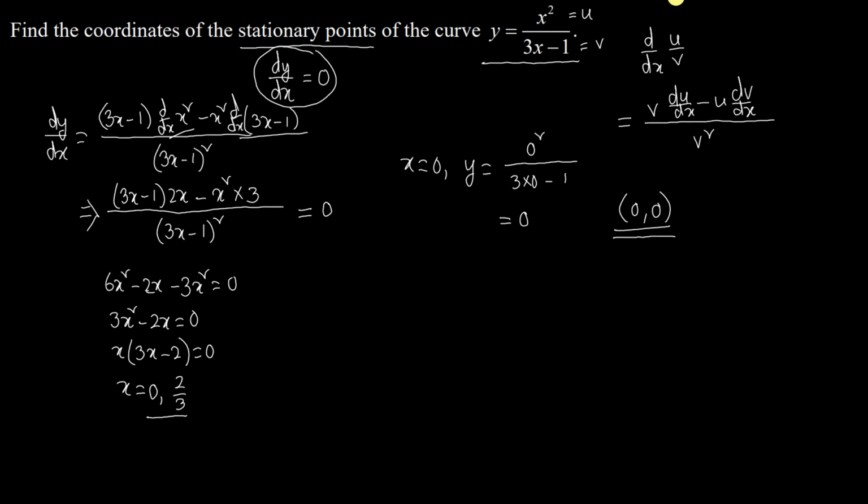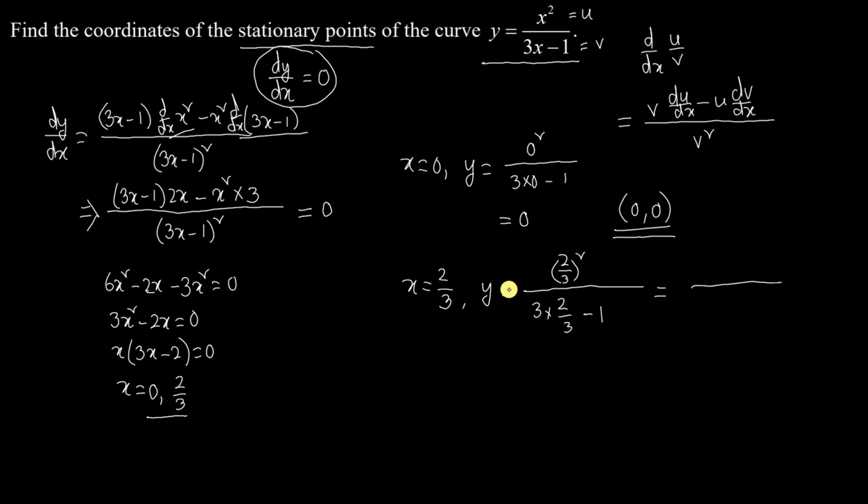And for the other one, when x equals to 2 by 3, we are going to find the y as well. y equals to 2 by 3 whole square, let me write the value, over 3 into 2 by 3 minus 1.